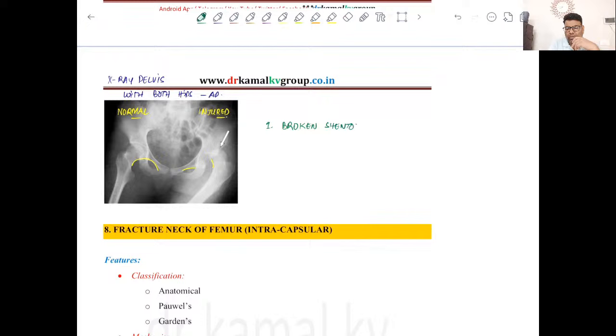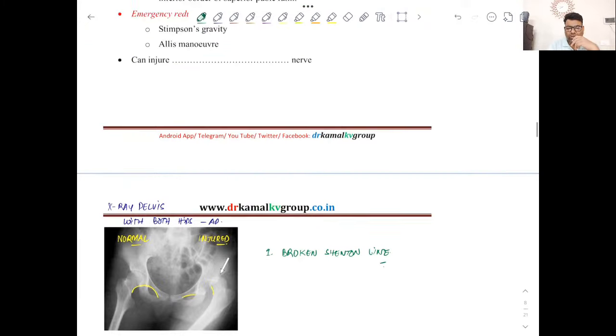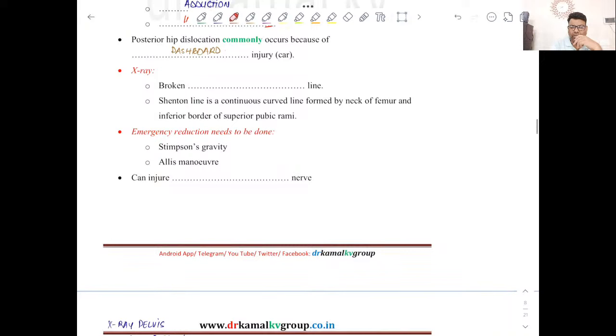Now this finding is not specific to hip dislocation, because it can be seen in any injury where there is disruption of the normal anatomy of the hip joint, right? So it can be a neck of femur fracture as well. So it is not specific for posterior hip dislocation, that you should know. It is just one finding here, right? So one thing which you will write here is broken Shenton's line.